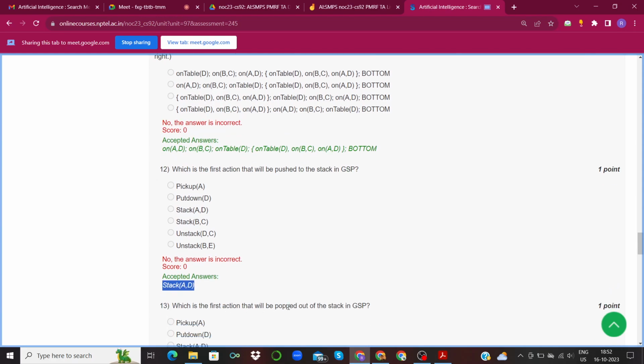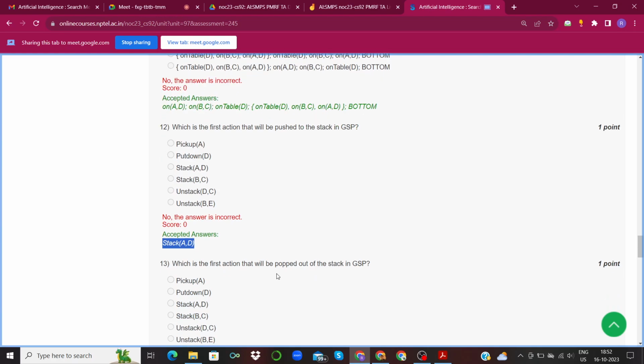What is the first action that will be popped out of the stack? Okay, so if you think about which is the action that will be popped out of the stack, you again have to think in a backward manner, right? So which of these options can you pop first, or which will be added last to the stack? What do you think?